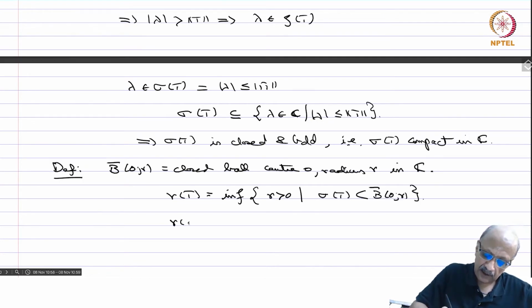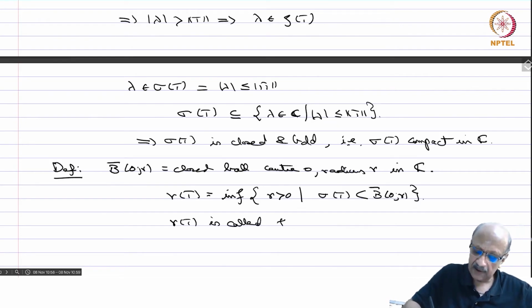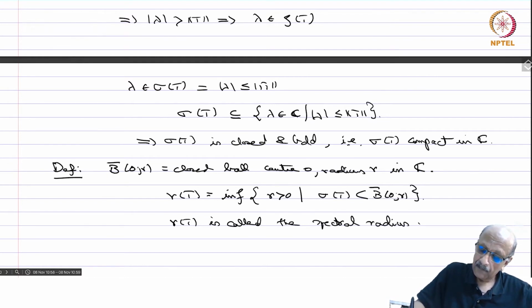Then r(T) is called the spectral radius of T. And of course you know that r(T) is less than or equal to norm T.